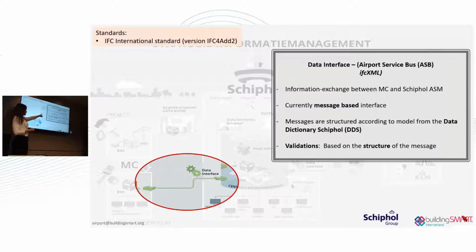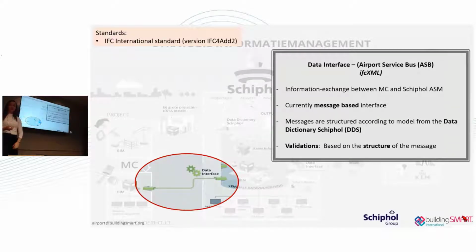So if we have certain properties defined in our data dictionary with a certain data type, for example, we want to know the year it was built, and we have defined it as a year in our data dictionary, but now they are sending it as an actual date, so with the month and the day, it will deny the message because it's not conform our data dictionary.